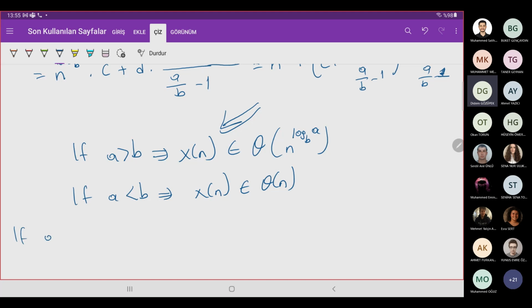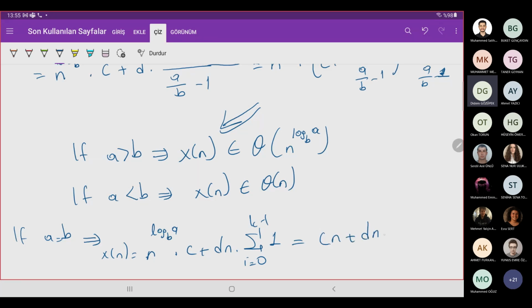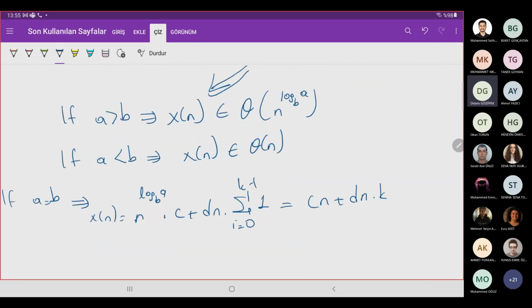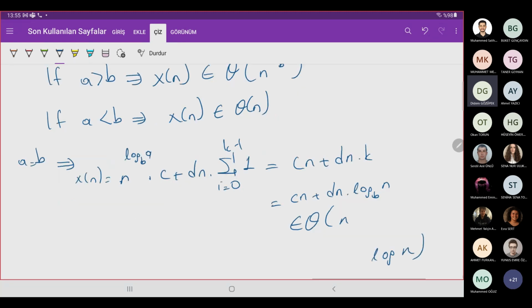If a is equal to b, then x(n) equals n to the power log_b a times c plus dn times summation i from 0 to k minus 1 of 1, which is equal to cn plus dn times k. So it's equal to cn plus dn times log_b n, and that is theta(n log n), which is the case for merge sort, for example.